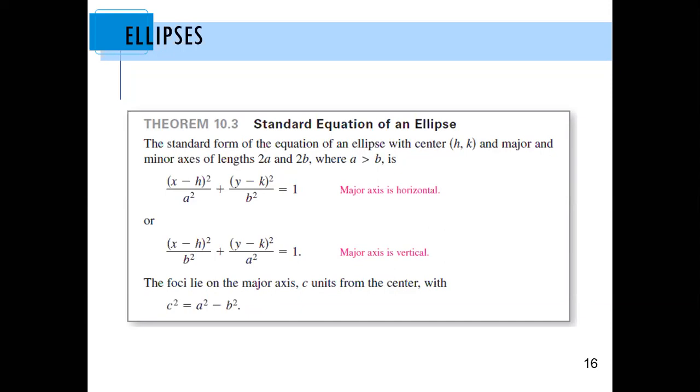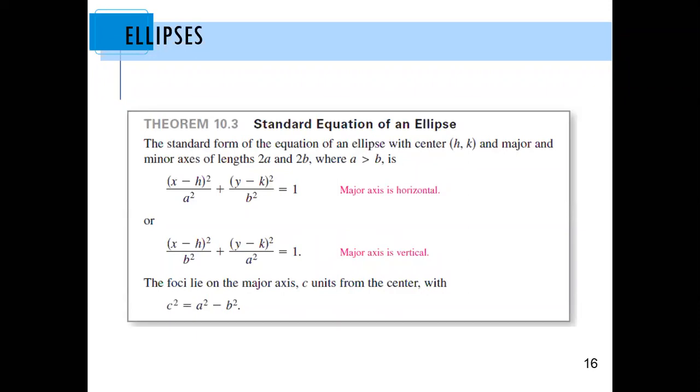And if you play that out algebraically, you end up with these equations right here. So first of all, A is the distance from the center to one of the vertices on the major axis.